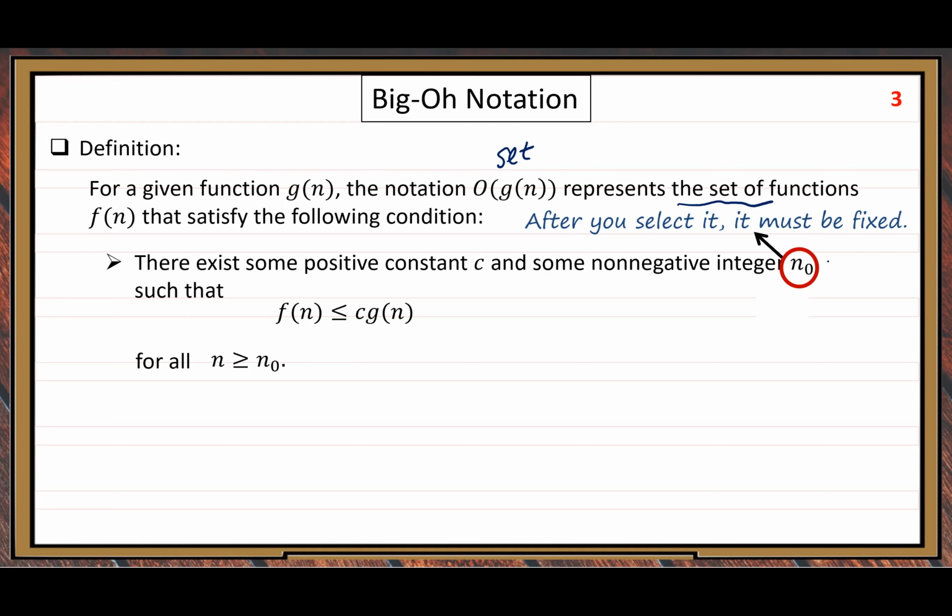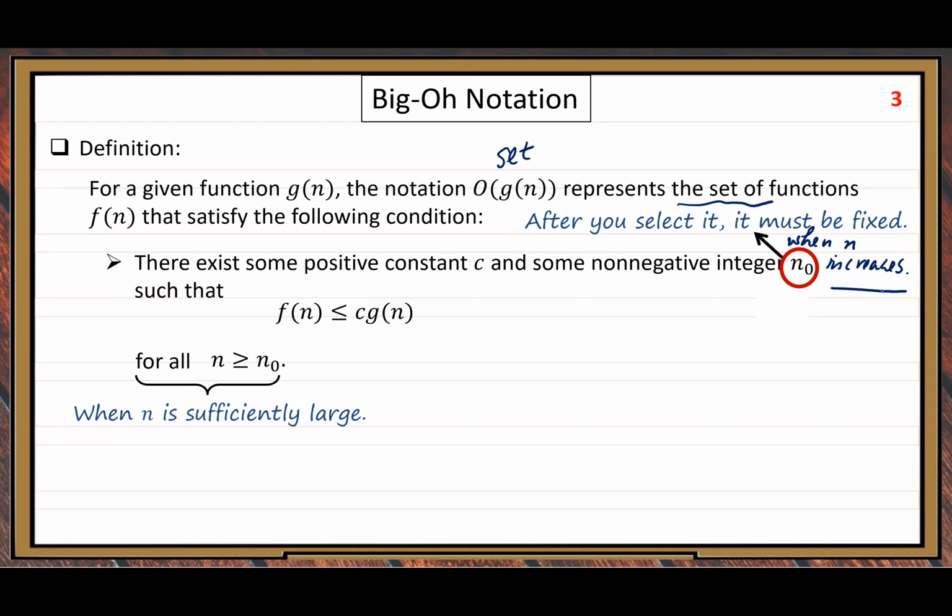It's a constant. This constant must be fixed when n grows, because you can change the n value, right? When you increase your n values, this n0 has no change.